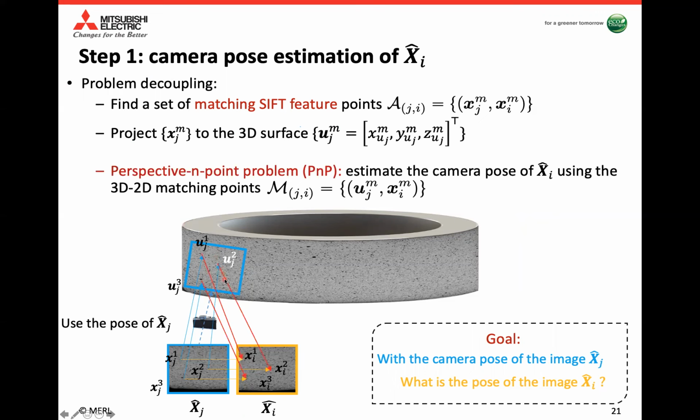Finally, we have many 3D to 2D matching point pairs between the 3D surface and the target image xi. It leads to the ubiquitous perspective-n-point (PnP) problem, with the goal to estimate the camera pose of xi using the 3D to 2D points MJI.